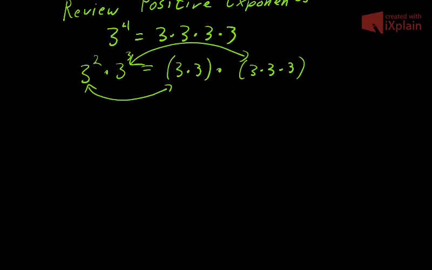So looking at what this does, I now have 1, 2, 3, 4, 5 3's, which adds up to 3 to the power of 5, which we can just find by saying 3 to the 2 times 3 to the 3 equals 3 to the 2 plus 3 equals 3 to the 5th. So all of those are the same. If we have two exponents that are multiplying each other, we can add them together.